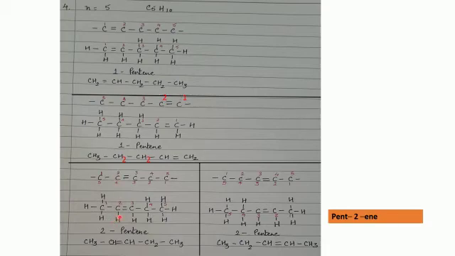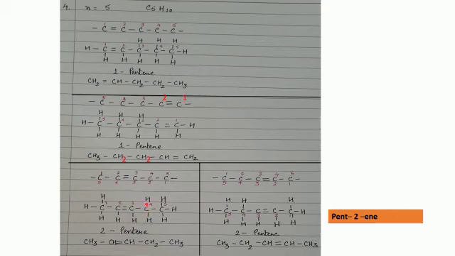After that you will start distributing the hydrogens. First carbon here, 3 hydrogens will be attached, 1 bond it is forming here, so all 4 valencies are satisfied. Coming to carbon atom number 2, it is forming a double bond here, so 4, 5 and 6 electrons, 7 and 8. Carbon atom number 3, 4, 5, 6, 7 and 8, only 1 hydrogen. Carbon atom number 4, 2 and 2 it is getting from here, so 4 are there, 5, 6, 7 and 8.